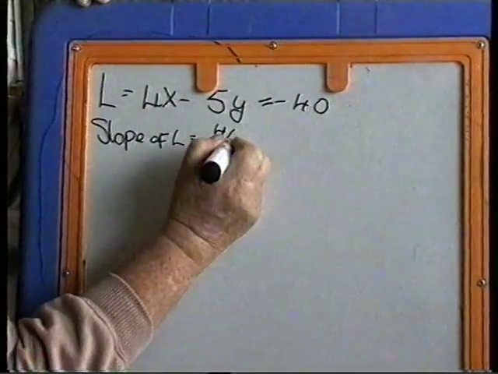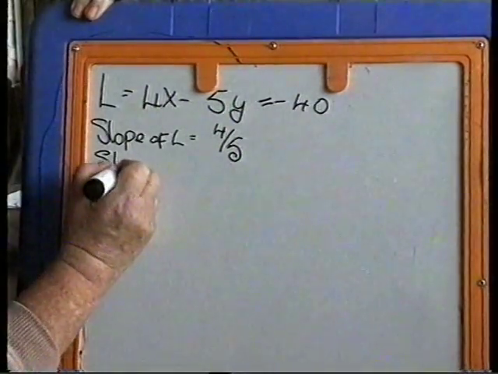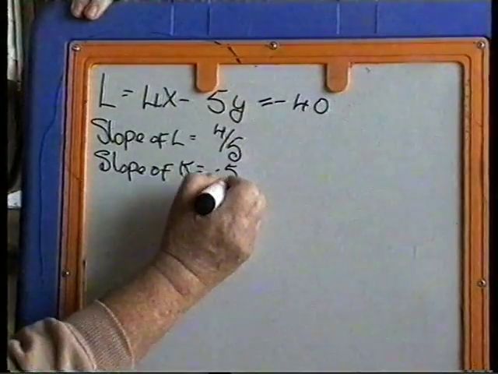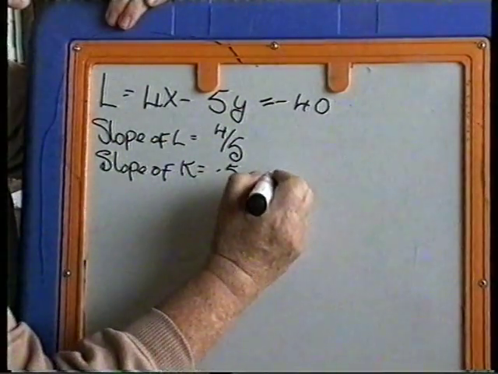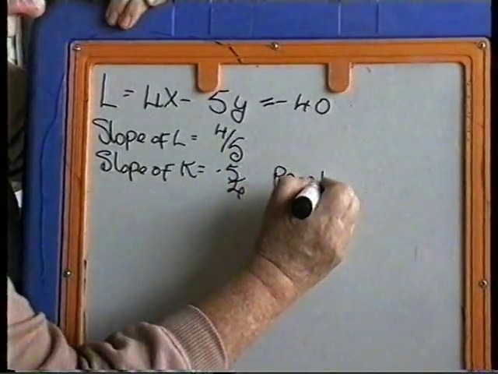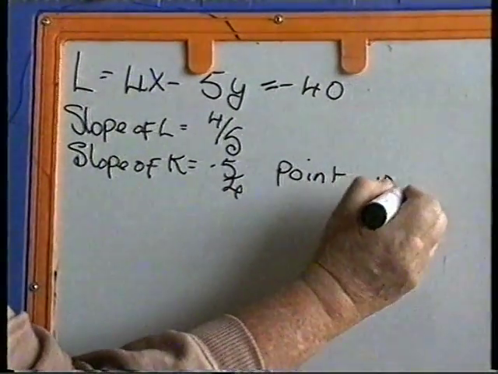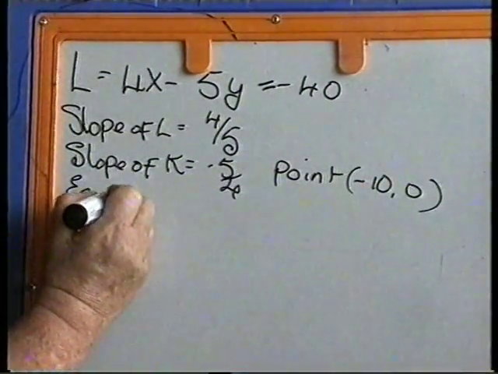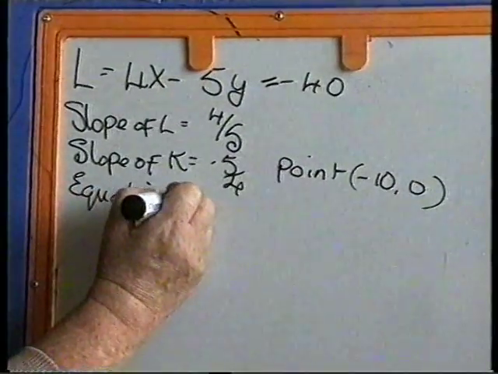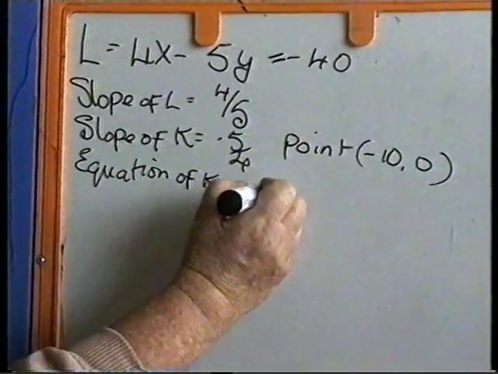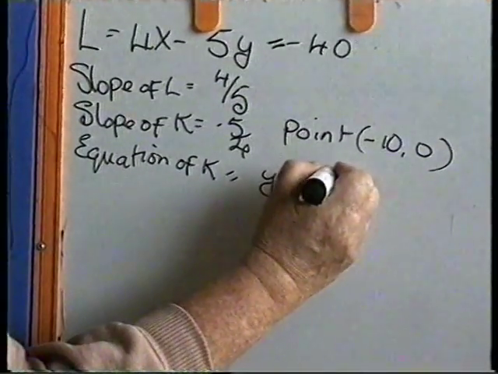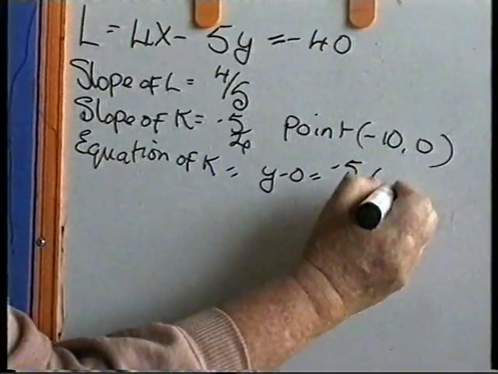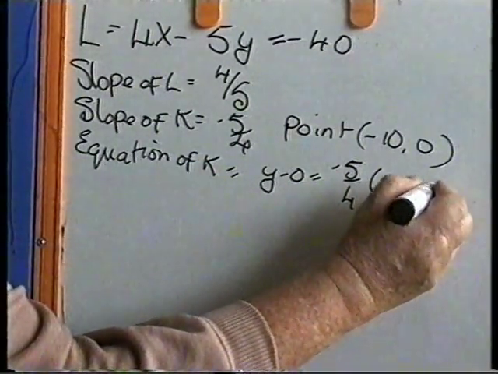The slope of K, therefore, will be minus 5 over 4 and is passing through the point minus 10, 0. So the equation of K is y minus 0 is the slope, minus 5 over 4, times x minus minus 10.